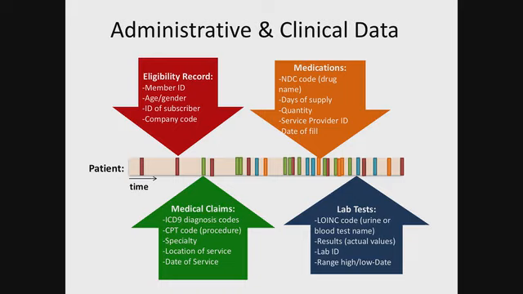It's missing. In green, I'm showing medical claims which are associated with diagnosis codes that Pete talked about last week, procedure codes, CPT codes. We know what the specialist was that the patient went to see, like a cardiologist, primary care physician, and so on. We know where the service was performed, and we know when it was performed.